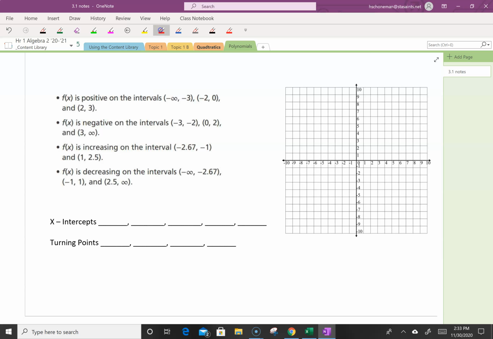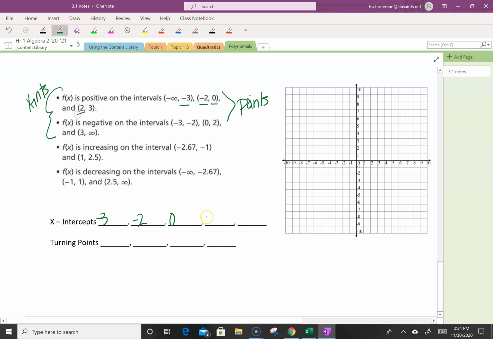Okay, the positive and negative intervals, those help us figure out the x-intercepts, and we graph them as points. You can look at either the positive or the negative, but you're going to read all the numbers that are not 0. So I have -3, -2, 0, 2, or 3.